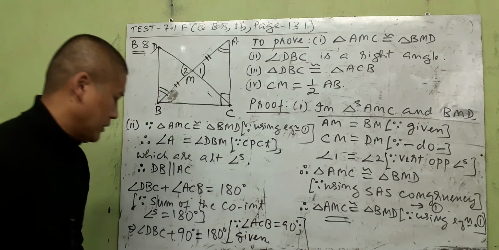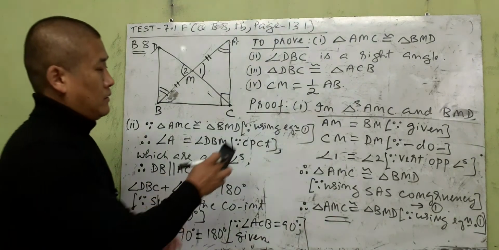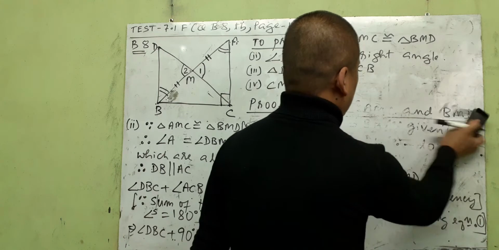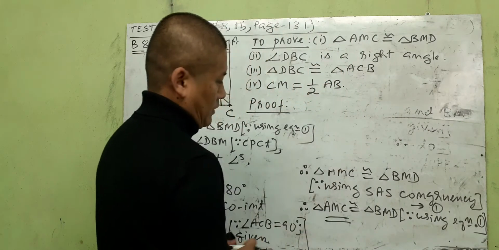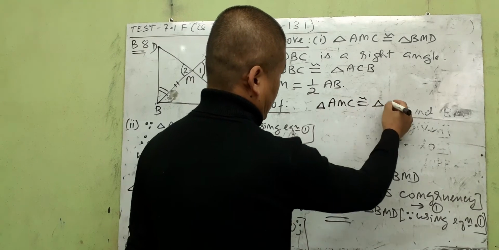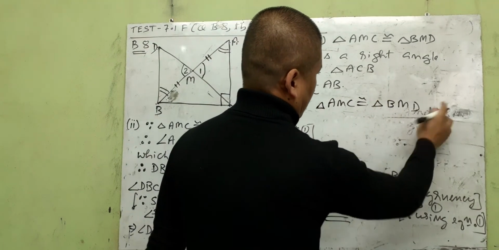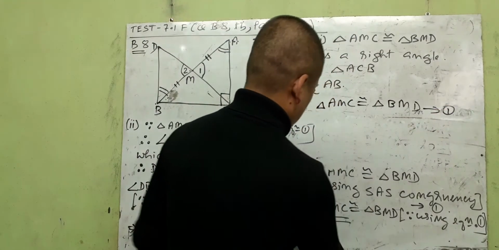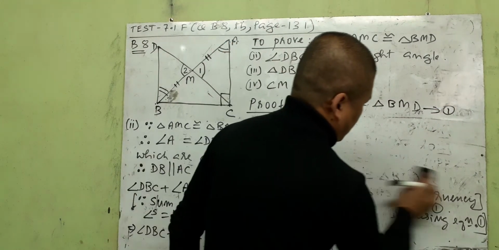So in that way, we get triangle AMC congruent to triangle BMD. This is equation number 1.